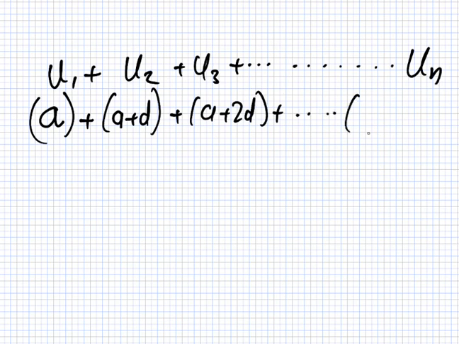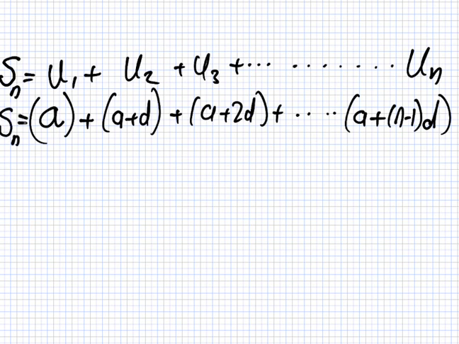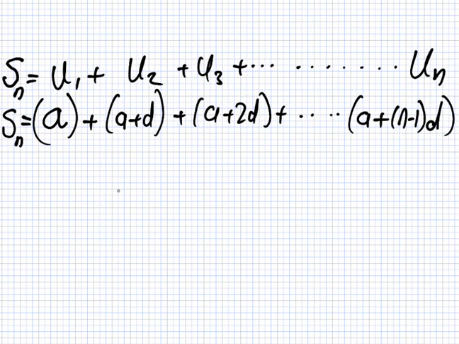So what's the last one here? A plus N minus 1 D. And we call this the sum, so we use the letter Sn. Sn, sum.